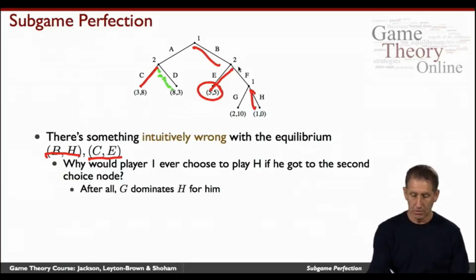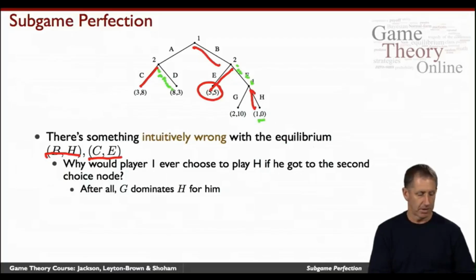And the other thing they could do is say, I'm going to go down this way, but that would in fact worsen their payoff, because they would end up here with a payoff of 0 rather than the 5 they're getting. So player 2 cannot profitably deviate from their current strategy.